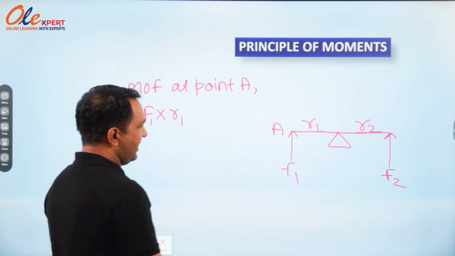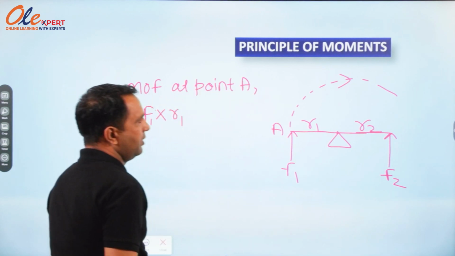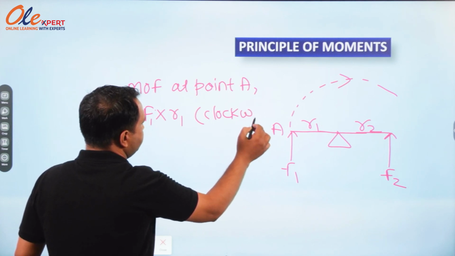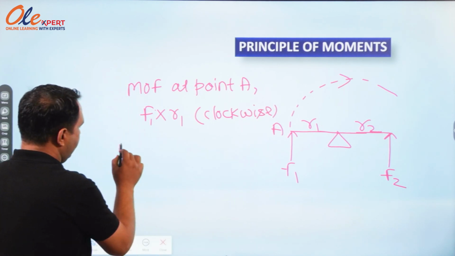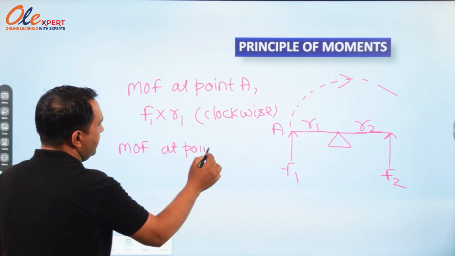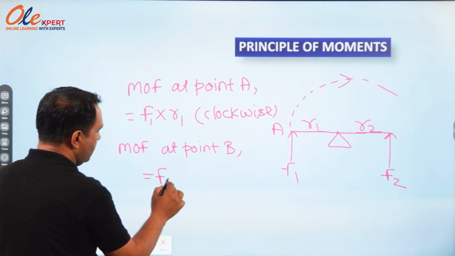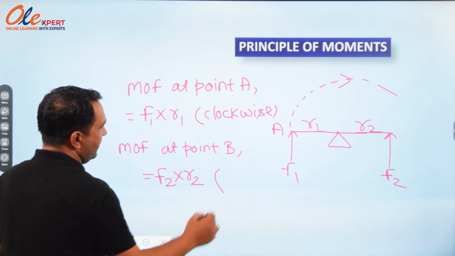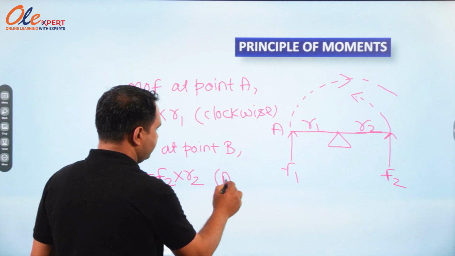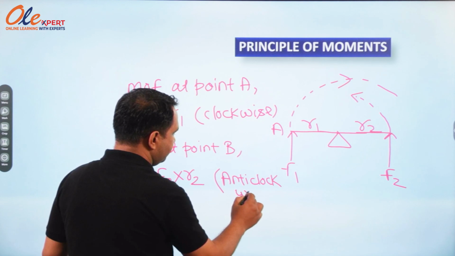And what will be its direction? Right, this. It is clockwise direction. And moment of force at point B is equal to F2 into R2, and it will be in the anti-clockwise direction.